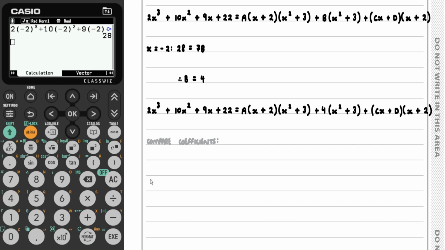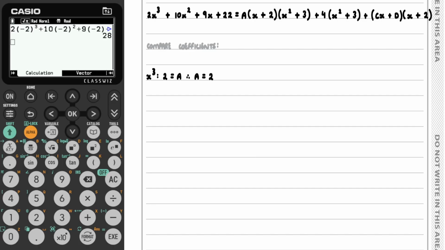If we now compare coefficients, let's take a look at the x cubes. On the left hand side we have 2 of them, and on the right hand side we have a times by x squared. That will give us ax cubed, so the coefficient of x cubed then will be a, meaning a is 2.